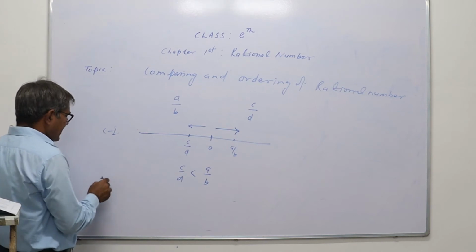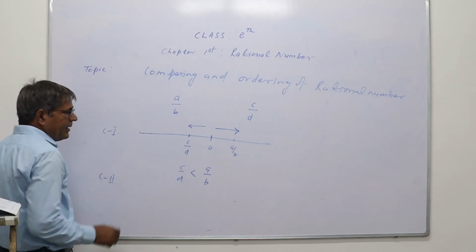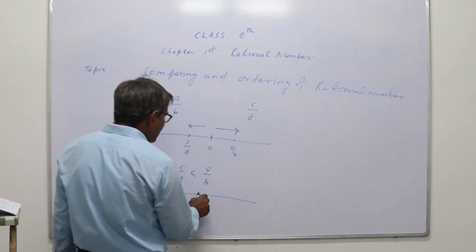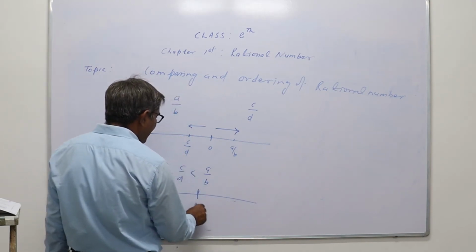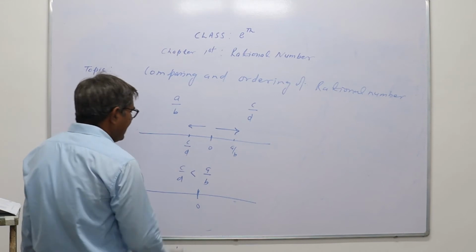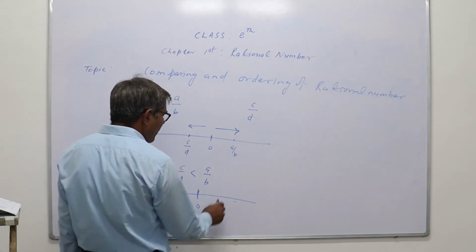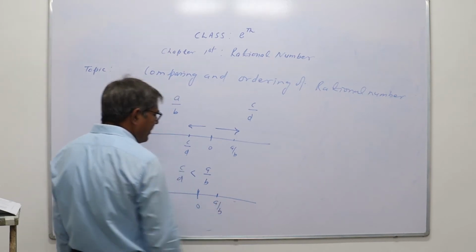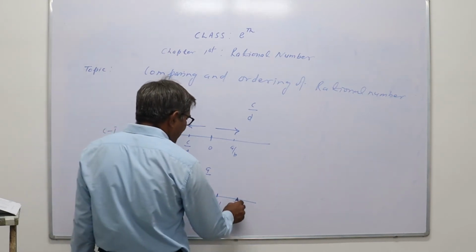Second case, when these two given rational numbers lie on the number line on the same side, let us suppose here 0 and after 0 one rational number is a upon b and after a upon b here c upon d.